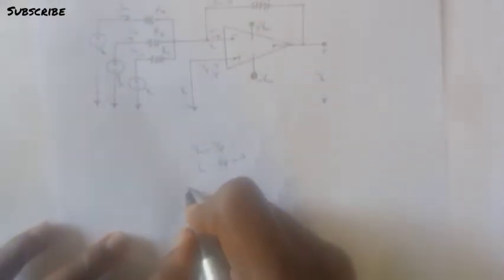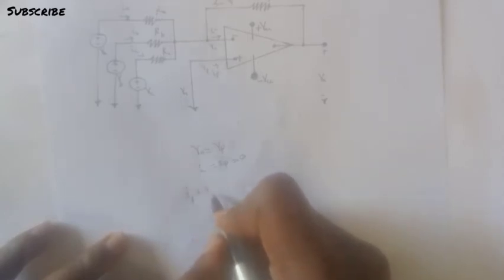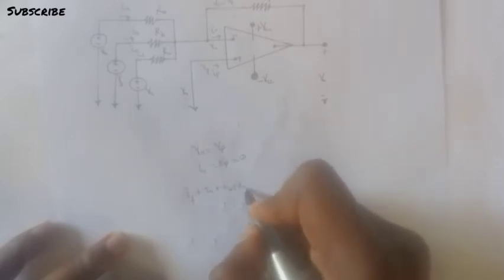Now we know that at this node, IF plus IA plus IB plus IC all equal IN. Now recall that IN is equal to 0.